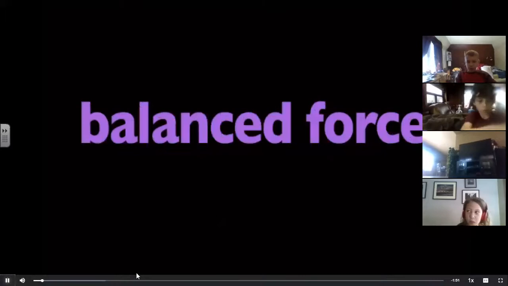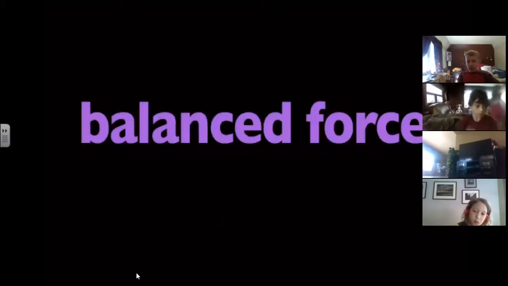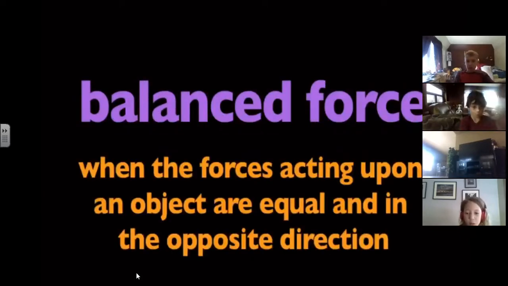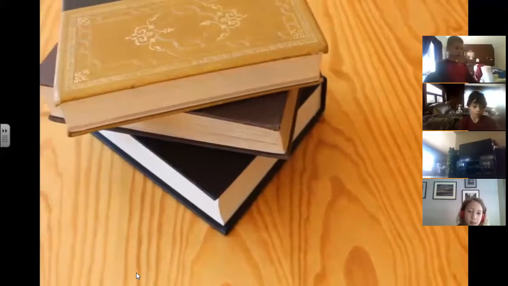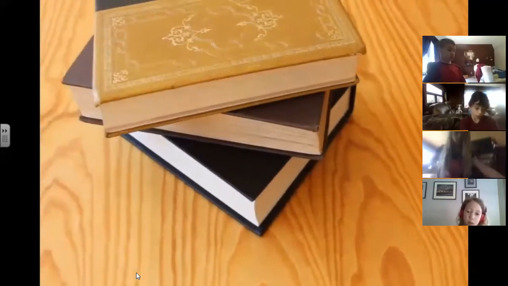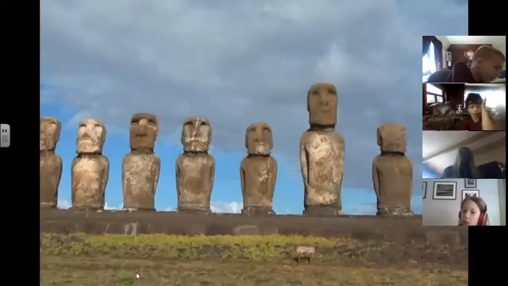We are going to learn about Try again. balanced force. What is balanced force? You should be able to see it Balanced now. force is when the forces acting upon an object are equal and in the opposite direction. Balanced force results in no motion. These books do not move because the pull of gravity on the books and the push of the table are equally strong. They balance each other. Balanced forces keep objects in one place.